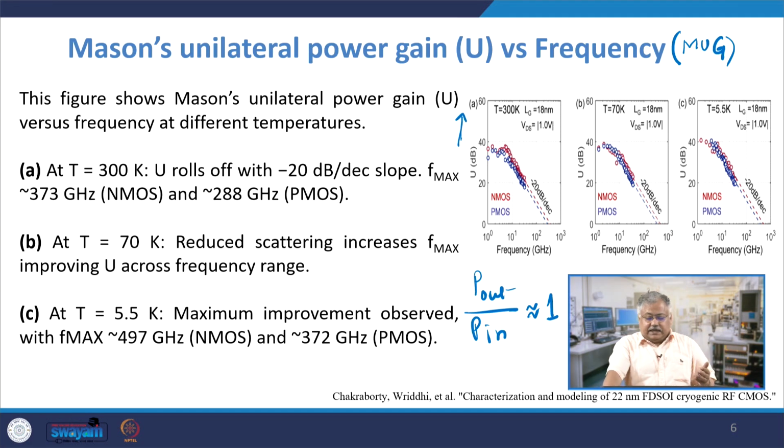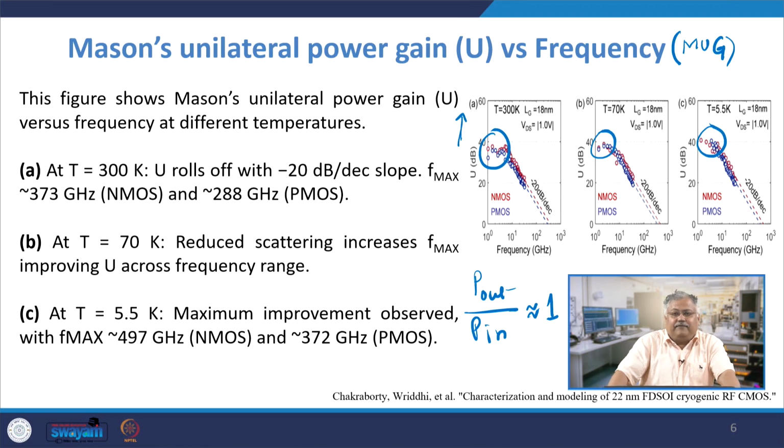The unilateral power gain U rolls off at minus 20 dB, but shows a saturating tendency for all temperatures: 5, 300 Kelvin and even at 77 Kelvin. It shows a tapering off, which means that the value does not go on increasing as you reduce the frequency. This is more to do with excessive values of other parameters which try to degrade the value of your unilateral power gain, which is U in this case.